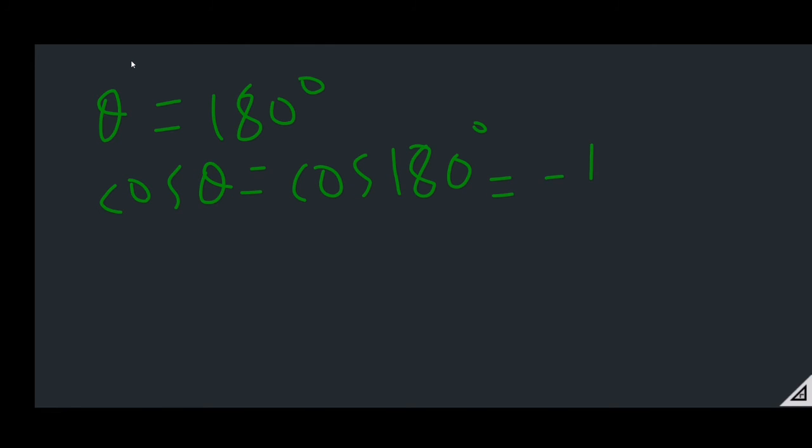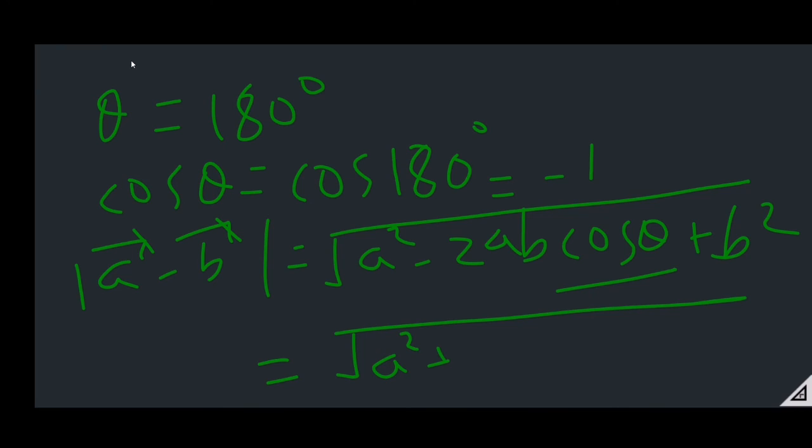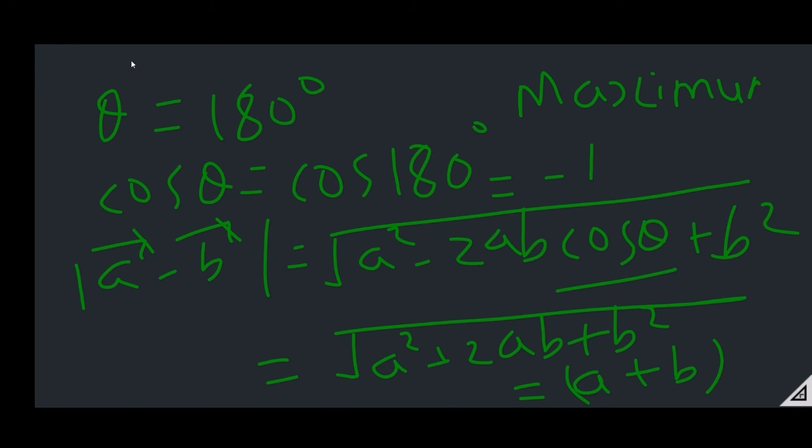In this case the magnitude of a vector minus b vector, using the formula root under a square minus 2ab cos theta plus b square, becomes root under a square plus 2ab plus b square, so it will be a plus b, and this a plus b is the maximum value of the magnitude of a vector minus b vector.